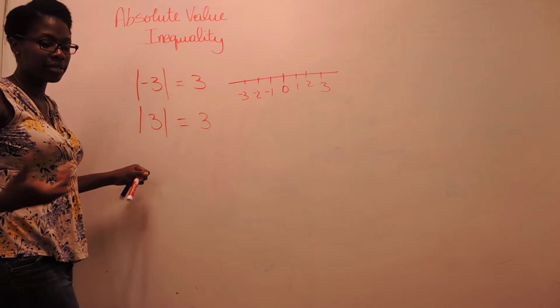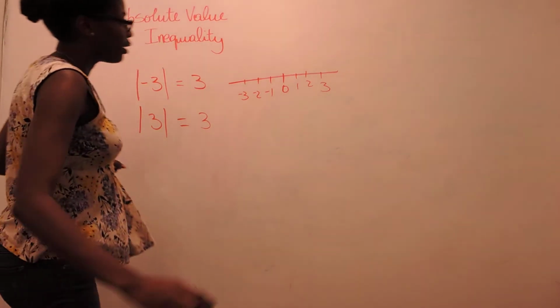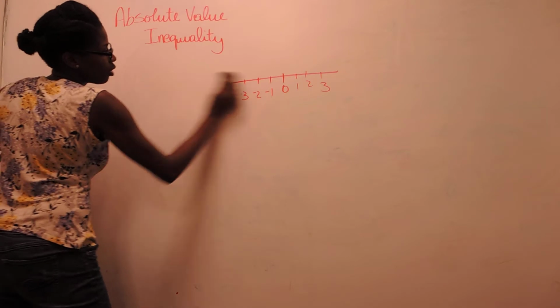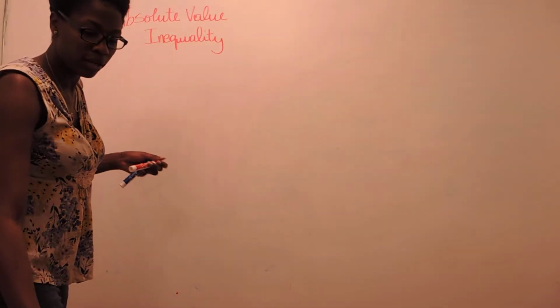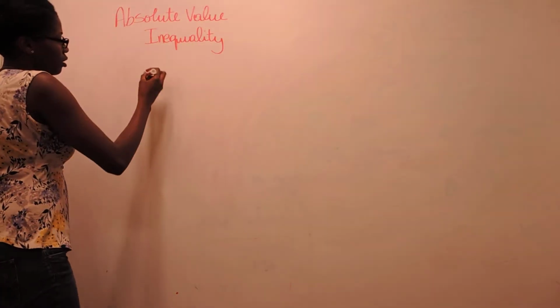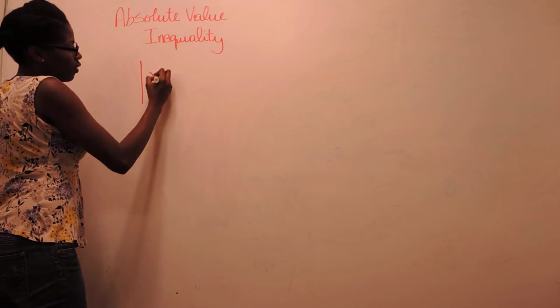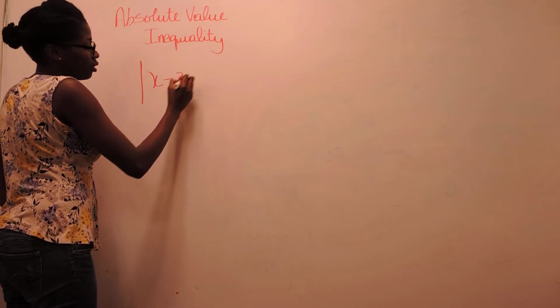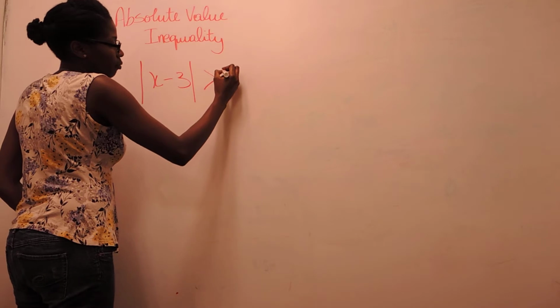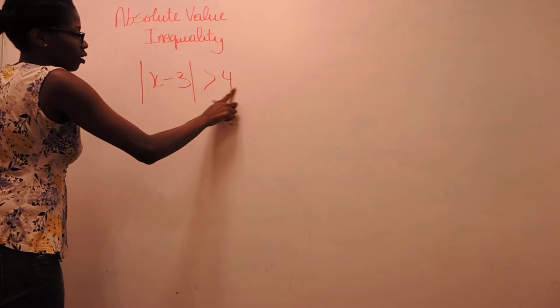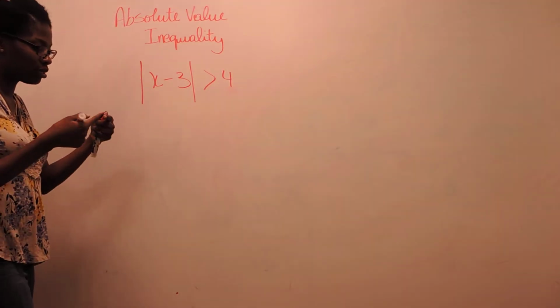So let's apply this concept now to inequalities. What if you are given a statement that looks like this? Absolute value of x minus 3 is greater than 4. How would you evaluate this?